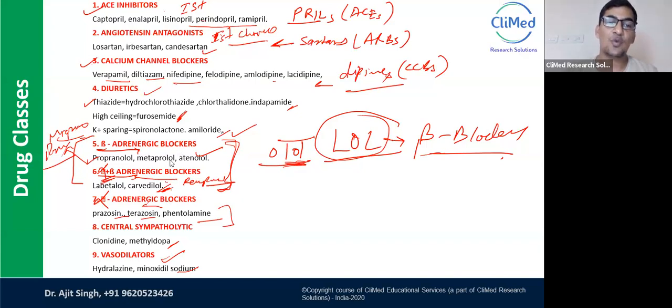Can someone tell me the initial dose or maximum dose of metoprolol?